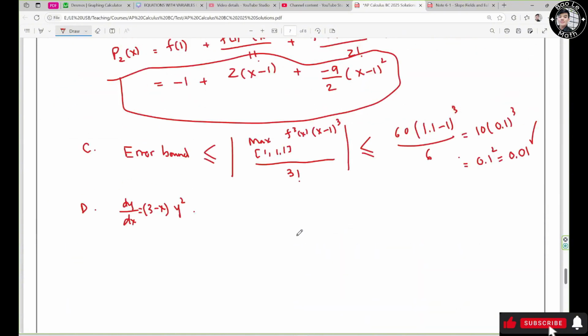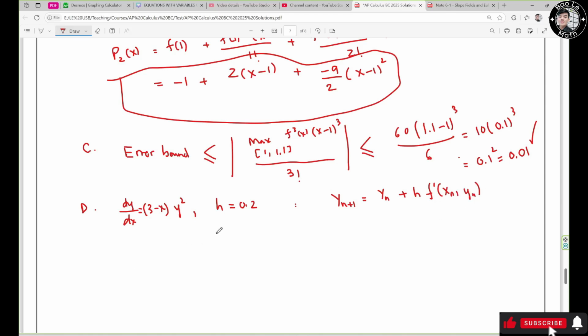We know the step size from 1 to 1.4 with two steps should be h equals 0.2. And you have the formula y sub n plus 1 equals y sub n plus the step size times f prime of s sub n, y sub n.